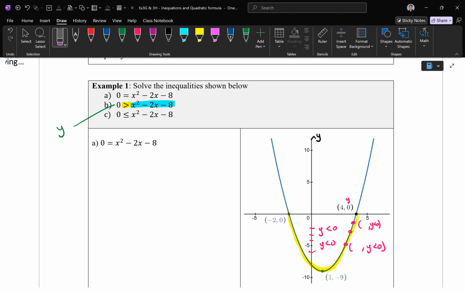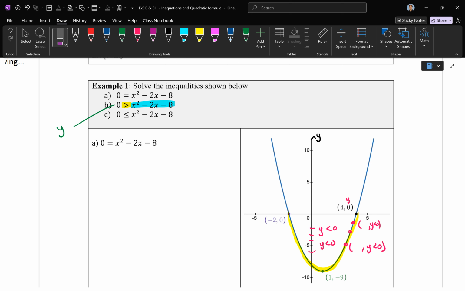On the graph, between which points would I have to guarantee that the y value is going to be less than 0? What would you say? On my x-axis, which interval would guarantee that my graph is below the x-axis, or below 0? Does anyone see it?